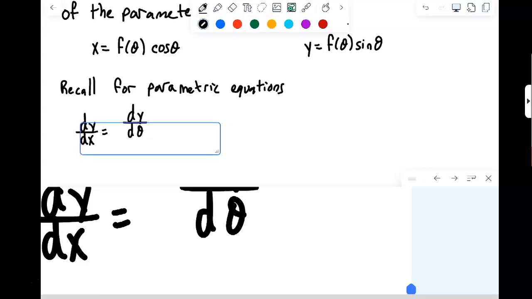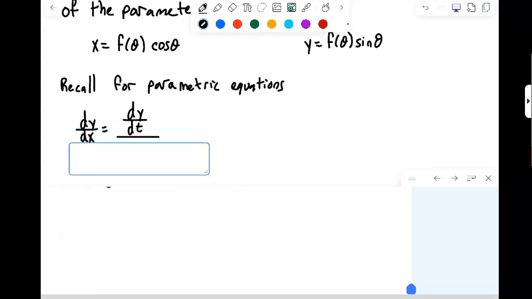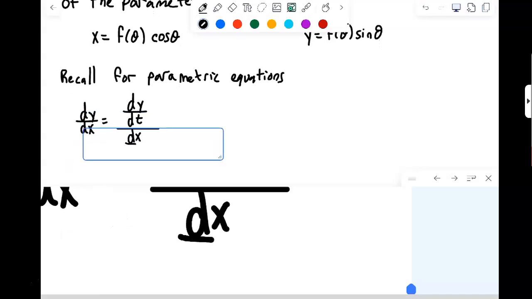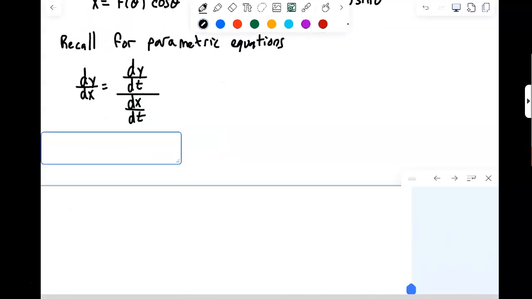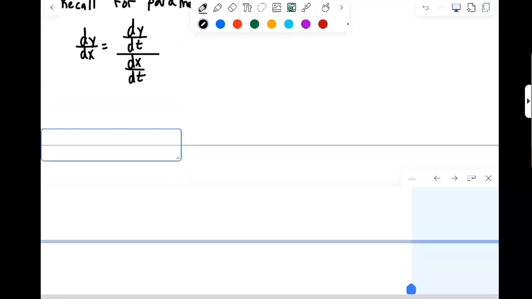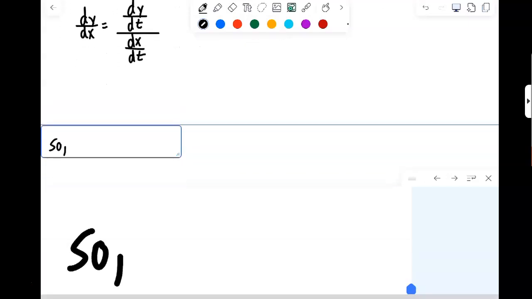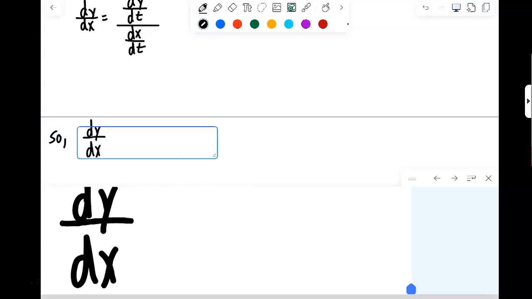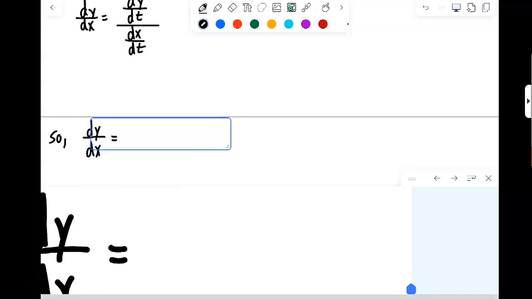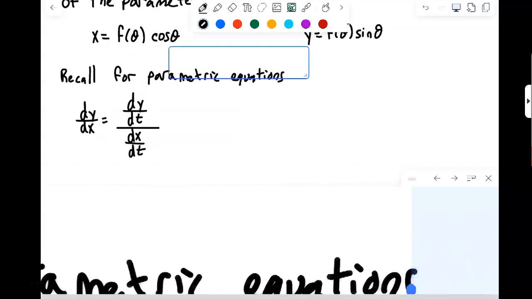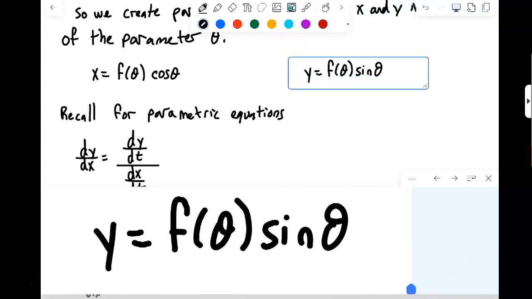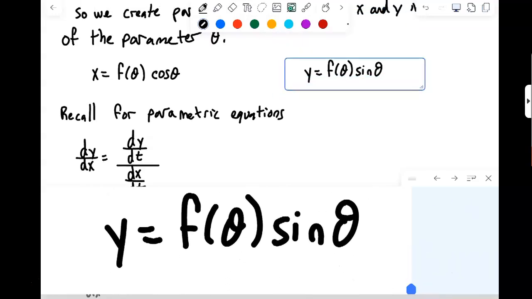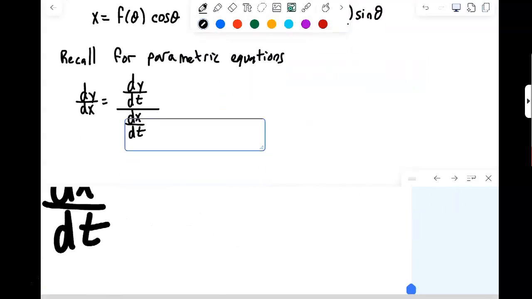I'll say it this way to stay consistent with what we did before. So for our problem, the derivative for our polar curve will be the derivative of the y function with respect to theta, so the derivative of f of theta sine of theta.